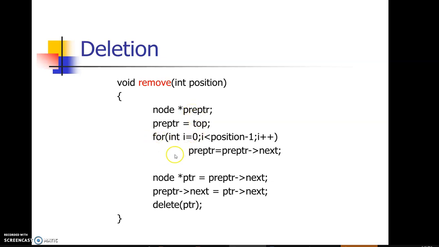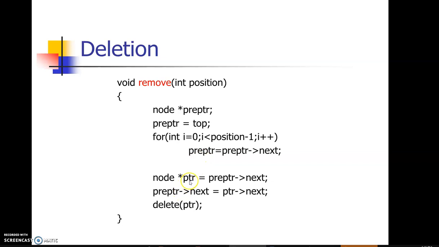The same loop that we will go through the positions until position -1, indicating where the pre-PTR location is going to be. Until we do that, we will just keep moving, make pre-PTR equals to pre-PTR next. So we will be able to move to the next location until we find the pre-PTR location.